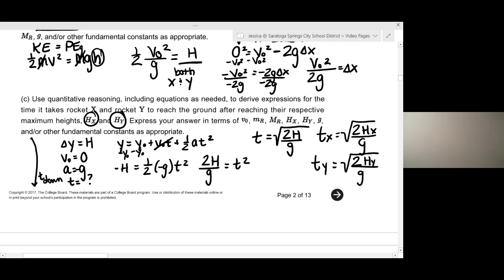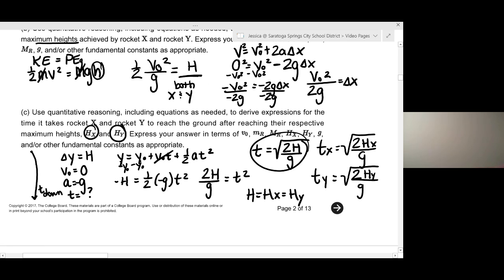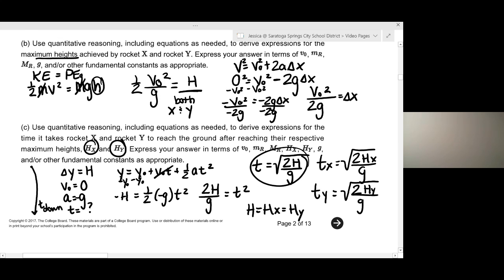You could also say something like h equals hx equals hy and just leave it with one answer. And I think that you would get credit for that. Now, these last two parts, the equation deriving ones, are probably not going to be on the exam. So if they scare you, that's totally okay.